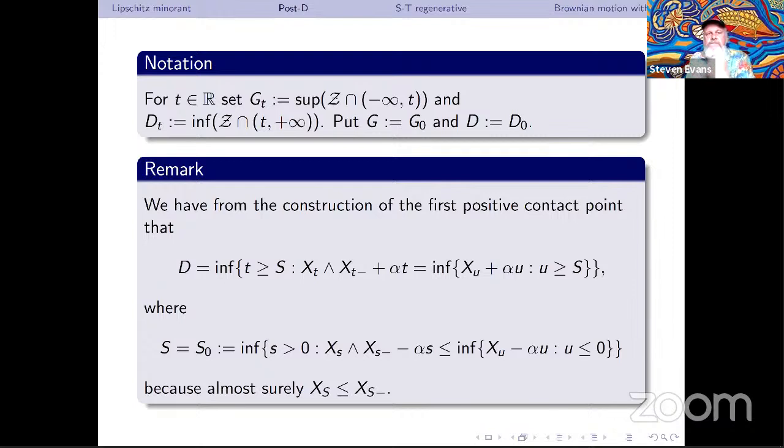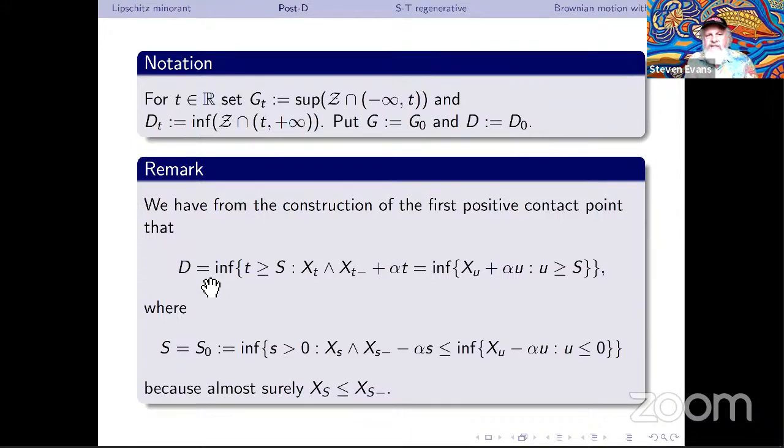For a time t, G_t will be the last time before t that we're in the contact set, and D_t will be the first time after t that we're in the contact set. And we'll just let G be G_0 and D be D_0.